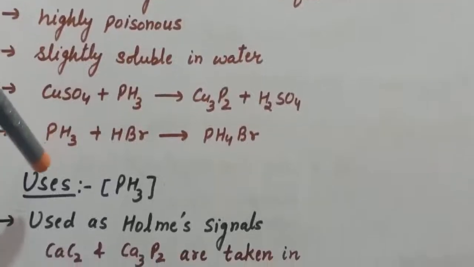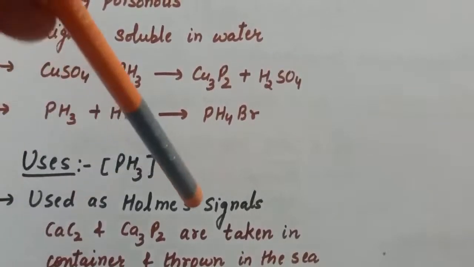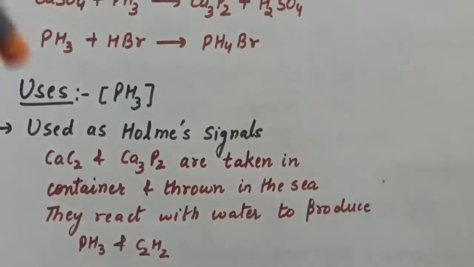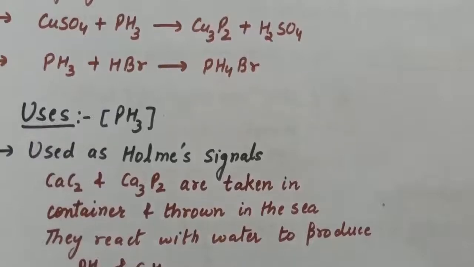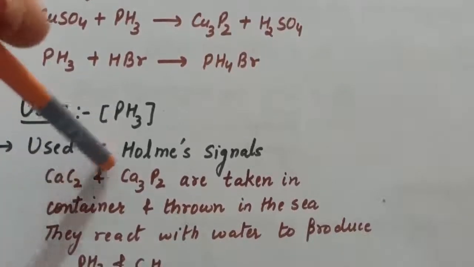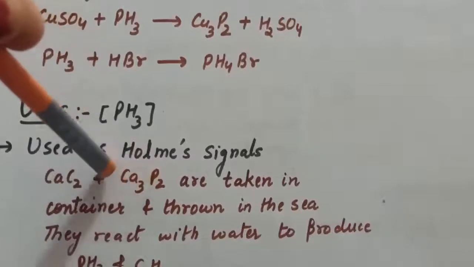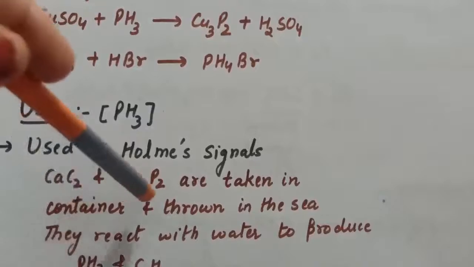Now next, what are the uses of phosphine? Phosphine is used as Holme's signals. What we do is take calcium carbide and calcium phosphide in a container and throw it in the sea.